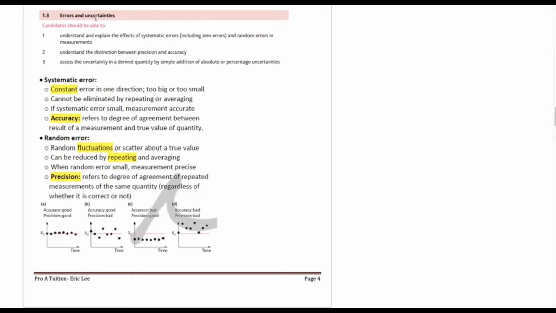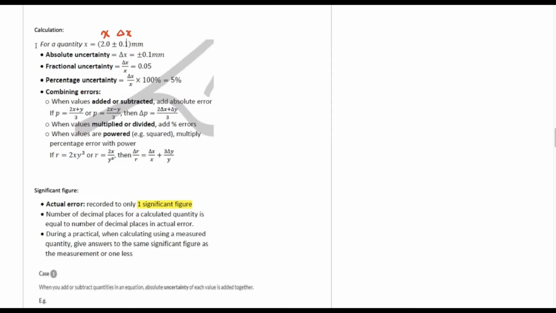So you can see the comparison between accuracy and precision in this way. Precision is they must be close to each other. Accuracy must be close to the true value. So that's the difference. So this part is about the errors.